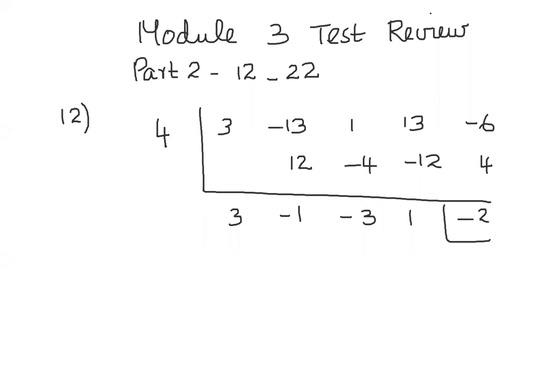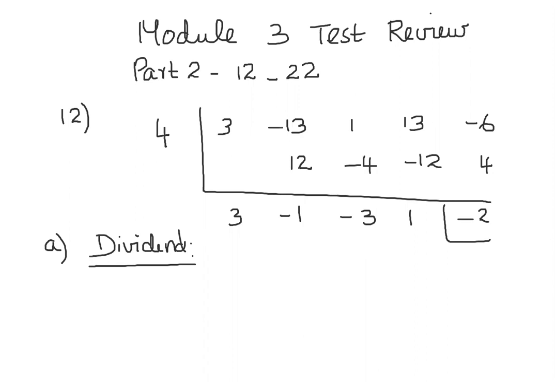We have to find the dividend, divisor, quotient, and remainder. So part A, we have to find the dividend. The dividend is the given problem itself. It's inside the box, and you have to write it as a polynomial.